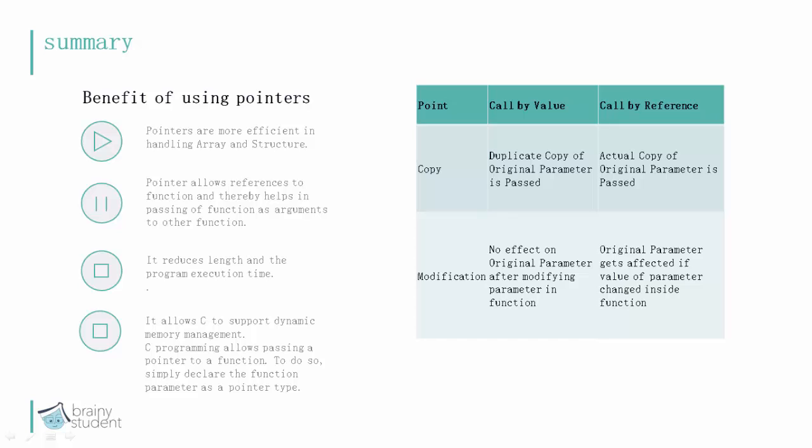For call by value modification, no effect on original parameter after modifying parameter in function. But in call by reference, original parameter gets affected if value of parameter changed inside the function. Fine. Because we are dealing with original copy in call by reference and duplicate copy in call by value.